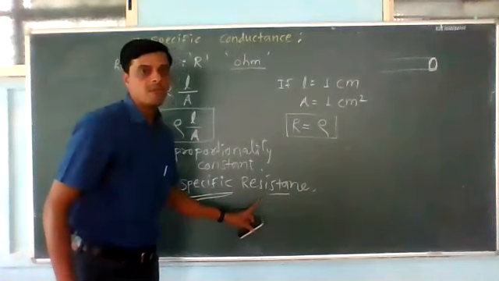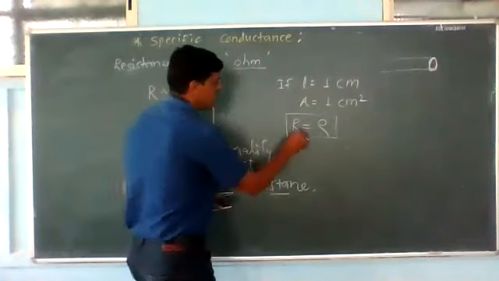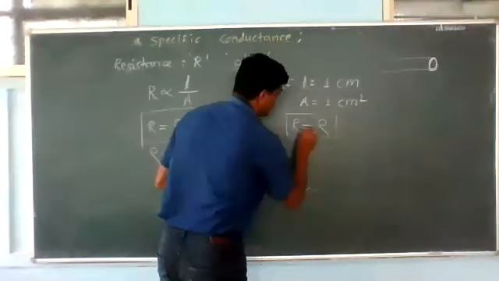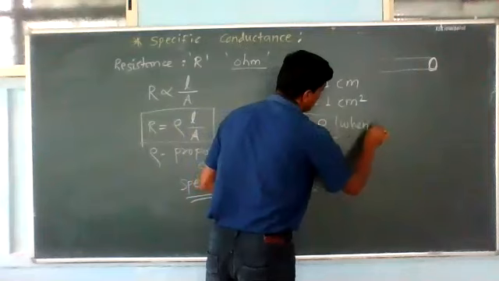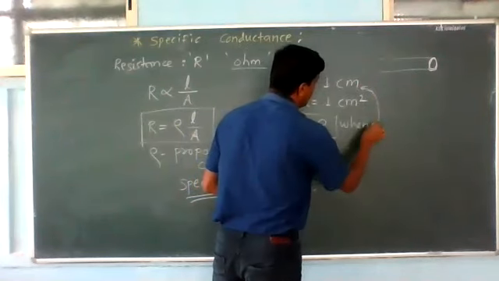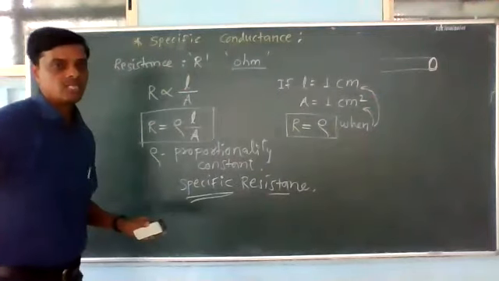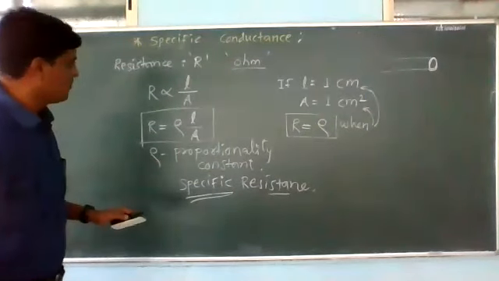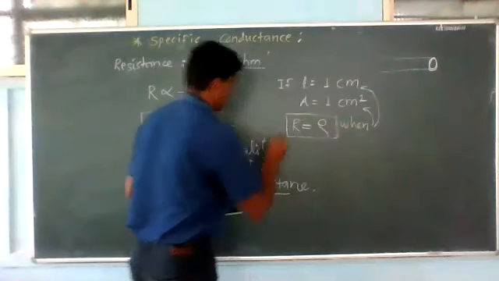Specific resistivity of a conductor. Therefore, R is equal to rho when the length is equal to 1 and area is equal to 1 centimeter square. That is known as specific resistance.